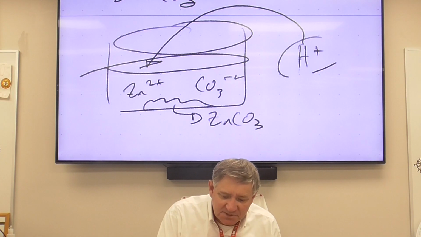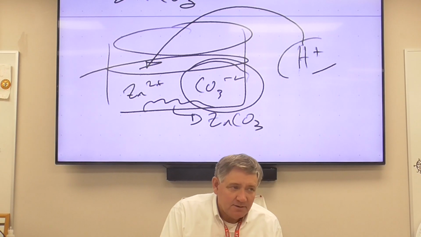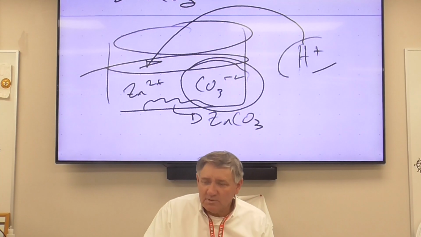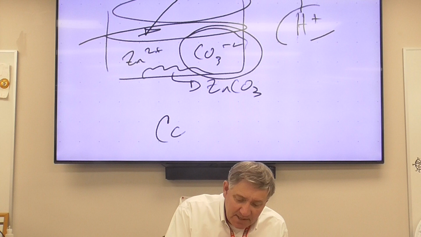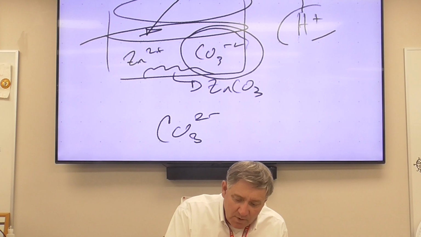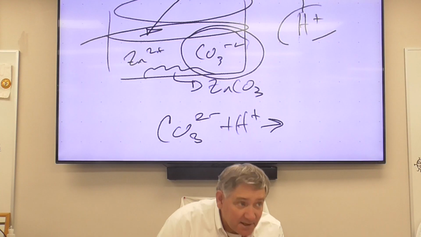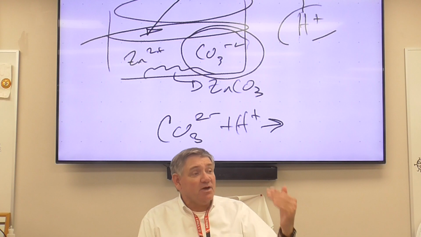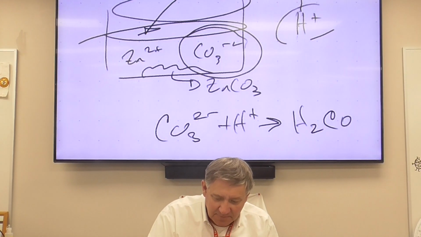So here's the question: is the carbonate ion the conjugate base of a weak acid or a strong acid? Weak. It's a weak acid. So that carbonate ion, when you add those hydronium ions to it, it wants to get what? Clumpy. It wants to get clumpy. Let's get clumpy.